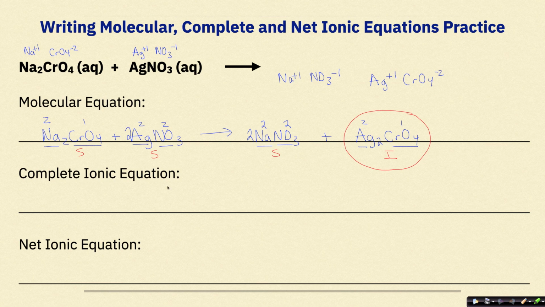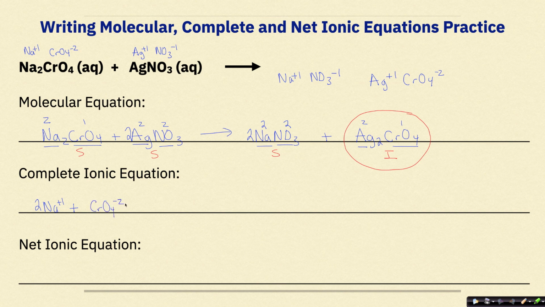All right, so complete ionic equation. I'm going to have 2Na+1, because that means I have 2 moles of sodium ions. That's where this 2 right there is going. There's no parentheses around this CrO4, so I don't need a coefficient. It's an assumed 1.